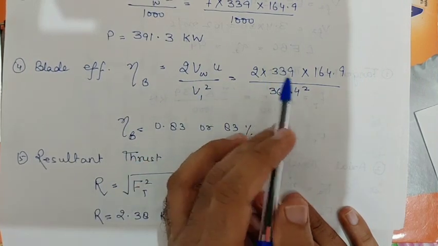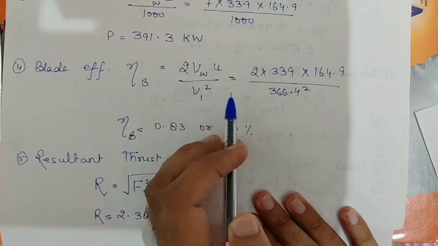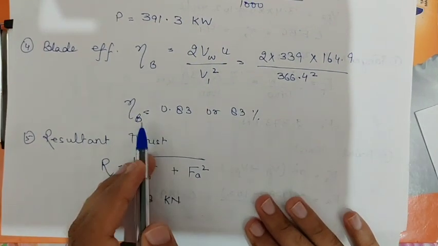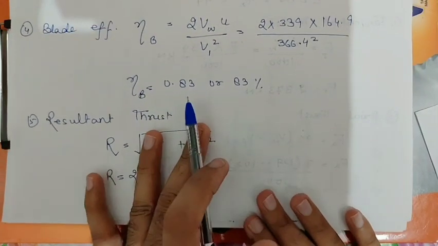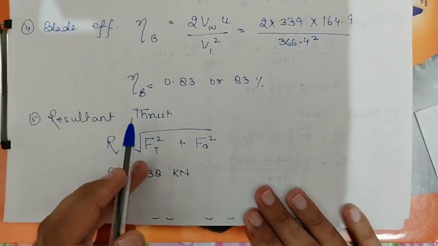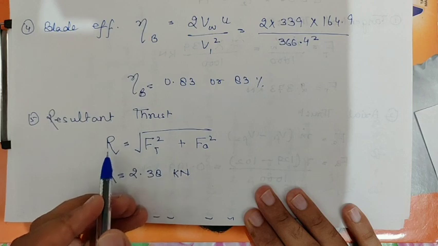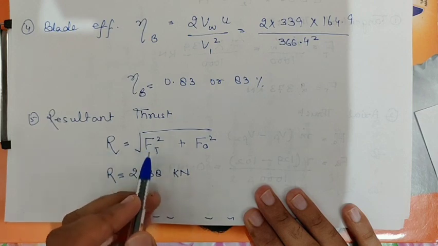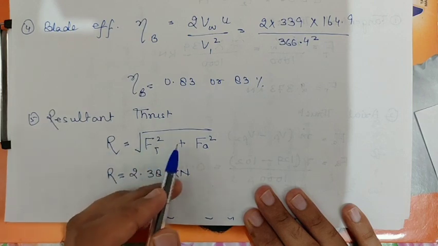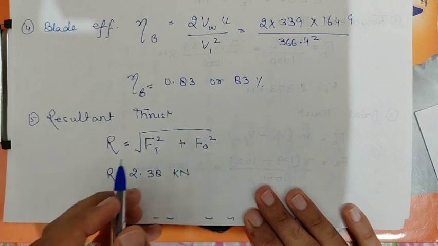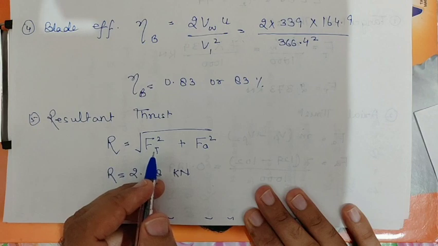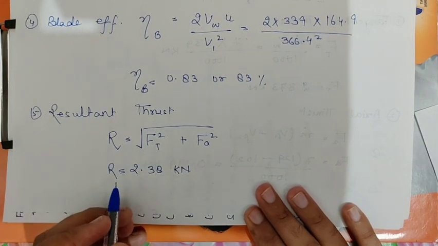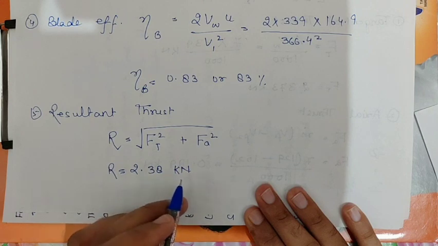Putting all the values of the velocity components, we get blade efficiency as 0.83 or 83%. And lastly, we have to calculate the resultant thrust. Resultant thrust is given by R equals the square root of tangential thrust square plus axial thrust square. Putting in the values of axial thrust and tangential thrust, we get the resultant thrust R equals 2.38 kilonewton.